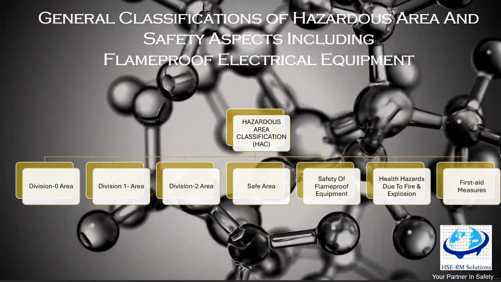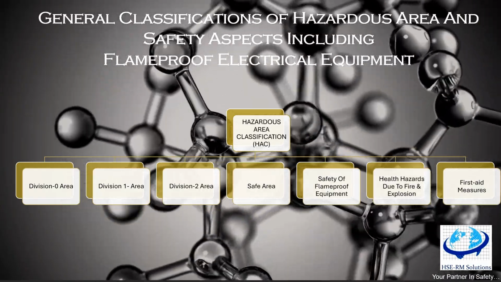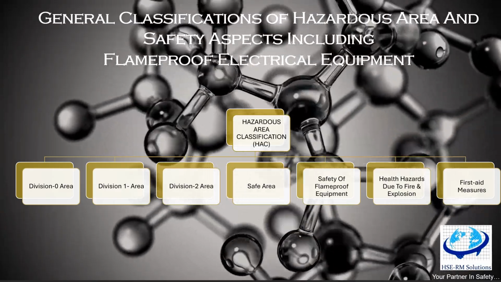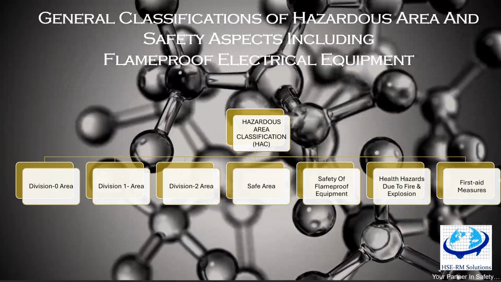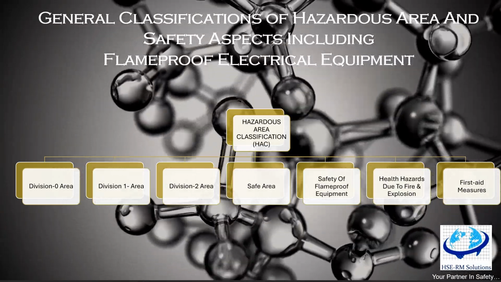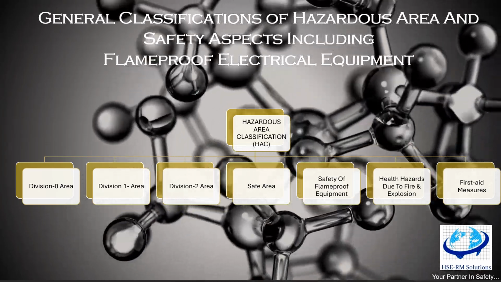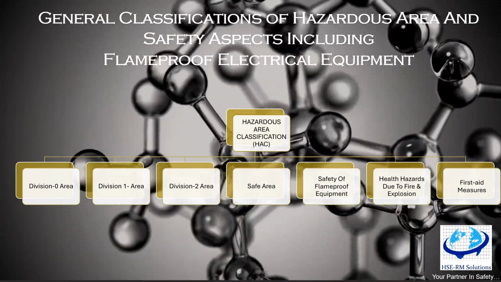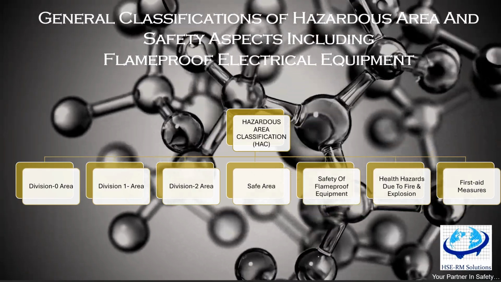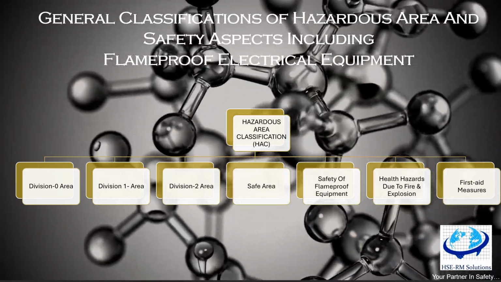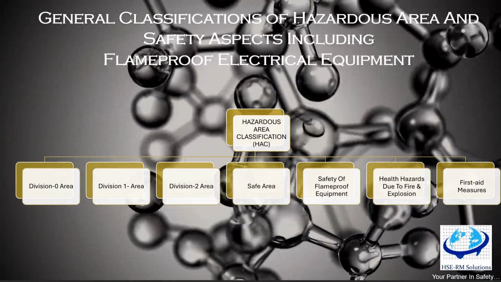Now division 1 or zone 1 area, what is that? An area in which a hazardous atmosphere is likely to occur under normal operating condition shall fall under this category. Under normal operations, like you are opening the reactor vessel, that is a normal condition.